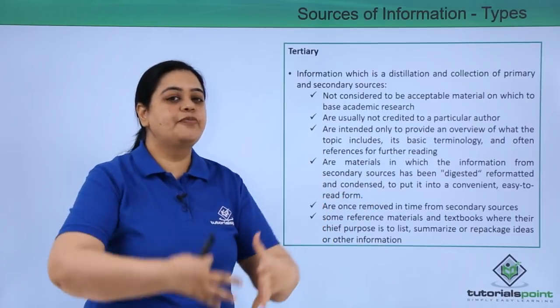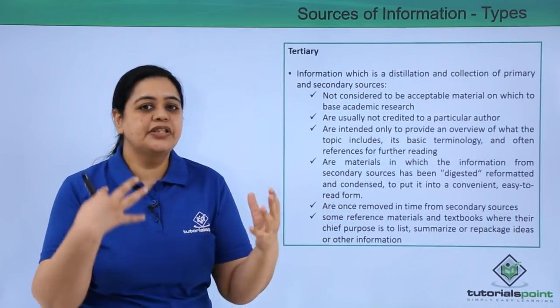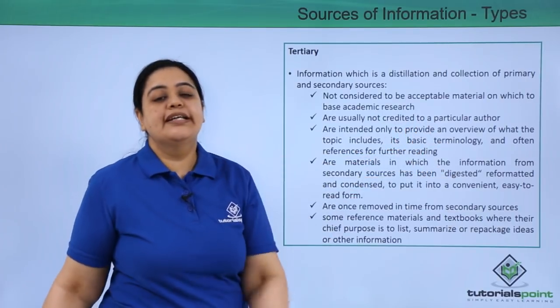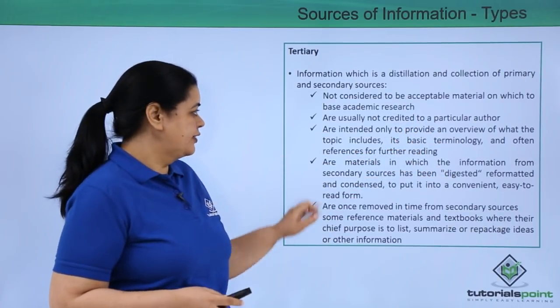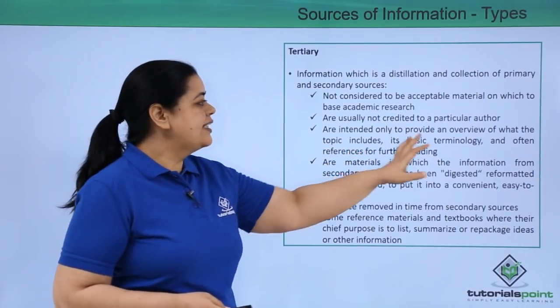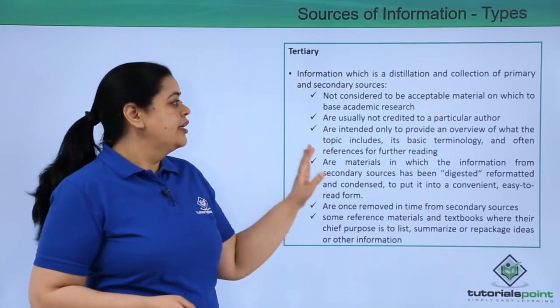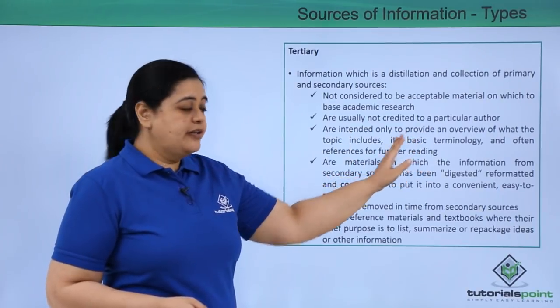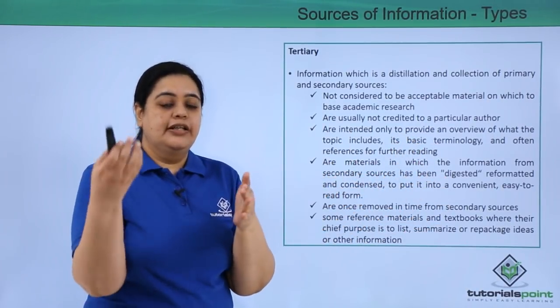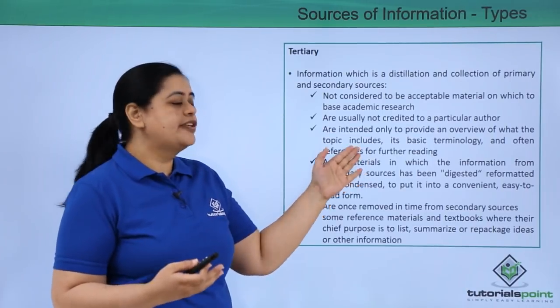So you're using both primary and secondary sources to come out with some information, and hence you will not credit any particular author. Generally, this source of information is intended to provide an overview of what the topic includes, its basic terminologies, and often gives the references for further reading.